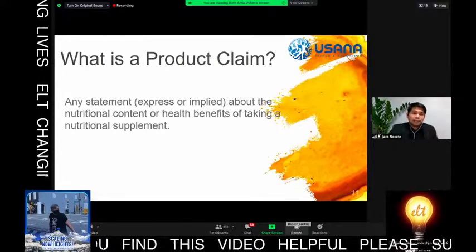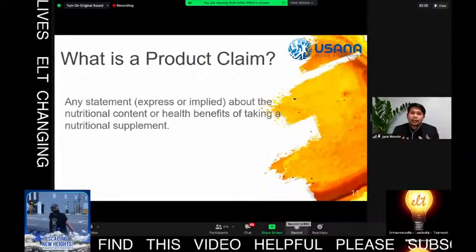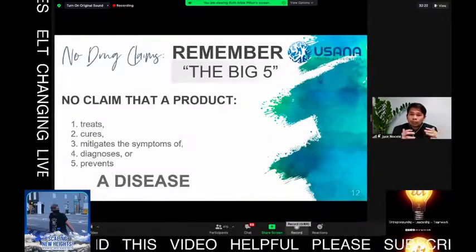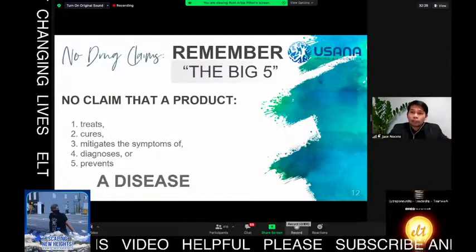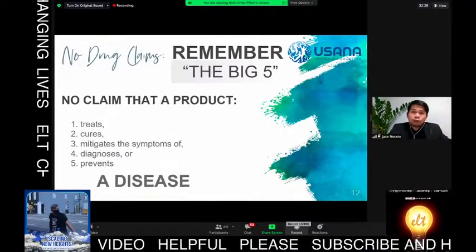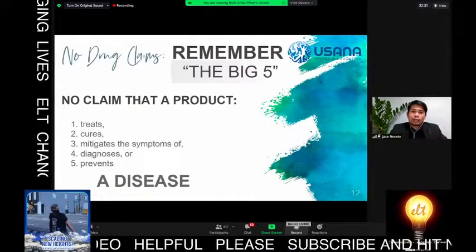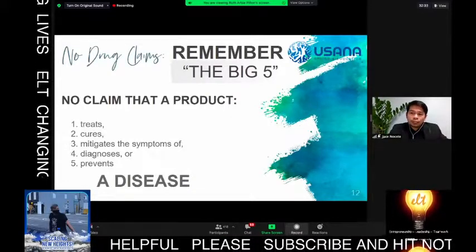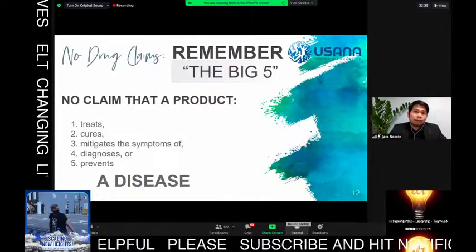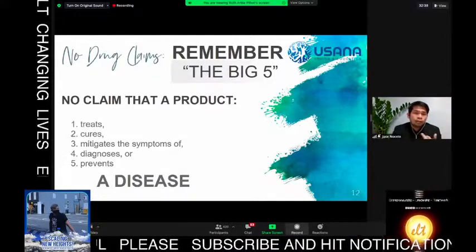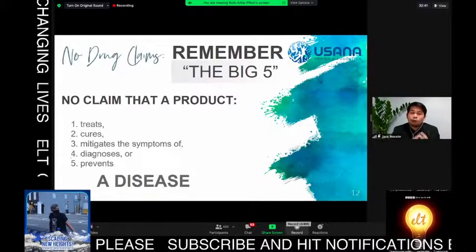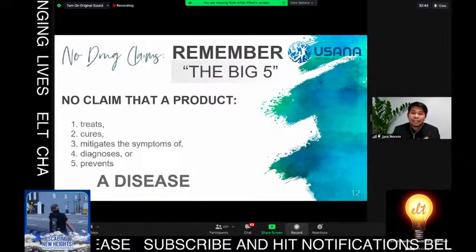Now, secondly, pag-uusapan natin will be to remember that we do not make any drug claims. Ayan. So we don't make any drug claims with regards to our products here in USANA. And of course, we avoid using these terms: treats, cures, mitigates the symptoms of, diagnosis, and prevents a disease.